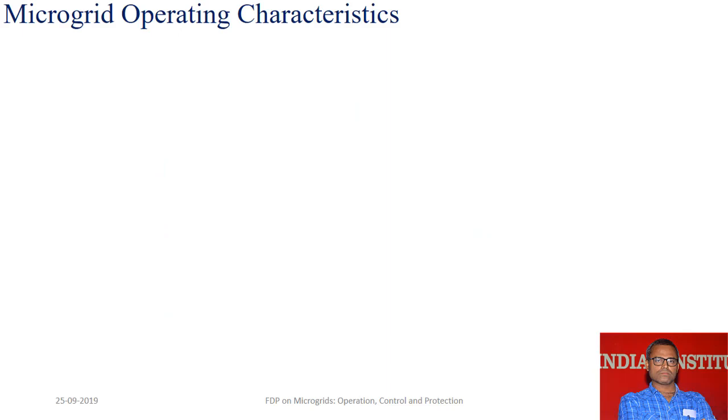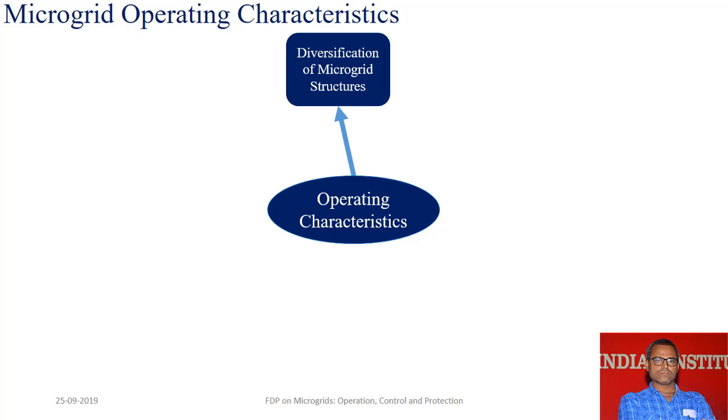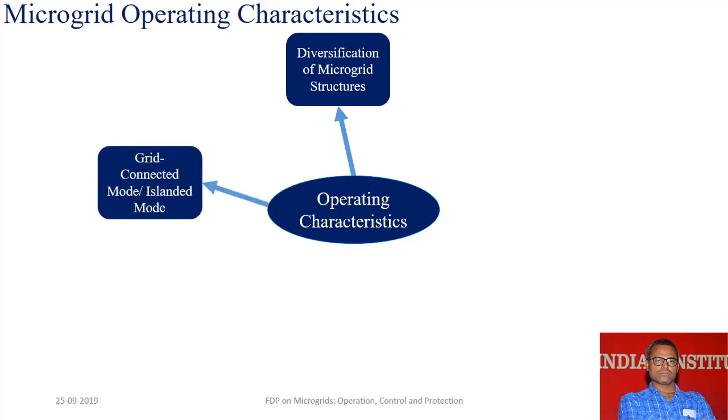Then what are the operating characteristics of a microgrid? Before moving to the stability aspect of the microgrid, let us see the operating characteristics. We can understand the diversification of microgrid structures, because the microgrid structure is designed based on the requirement. The microgrid structure plays a very important role in deciding the operating characteristics, right?